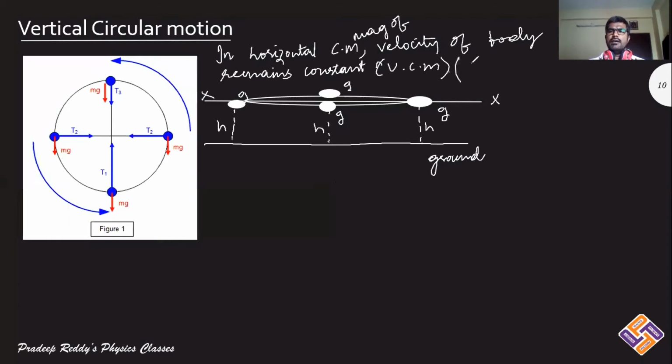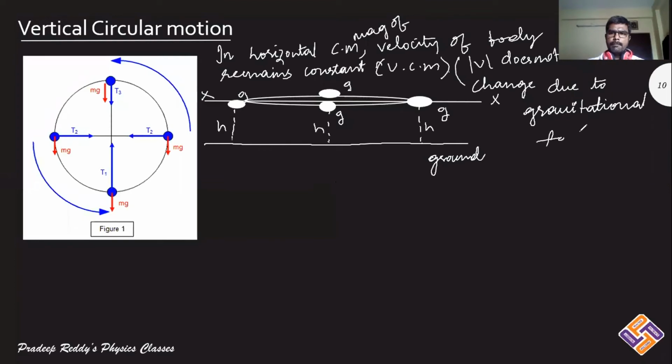So we will not consider any effect of gravitational force in the horizontal path. Velocity magnitude does not change due to gravitational force. That is in case of horizontal circular motion.